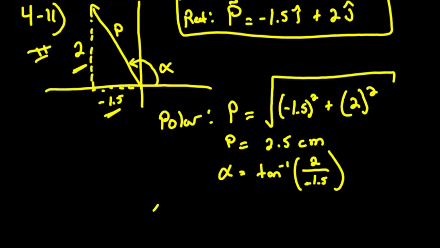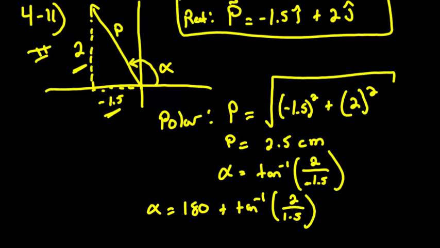So alpha is equal to 180 degrees plus the inverse tangent of 2 over negative 1.5. This now equals 126.86 or 87 degrees.